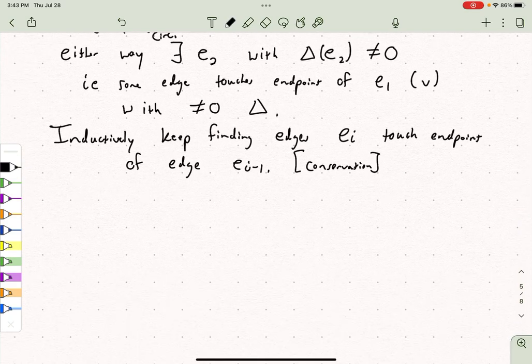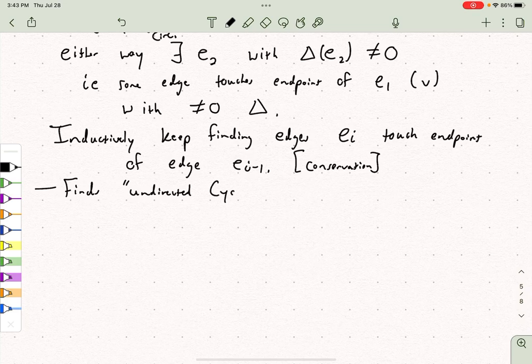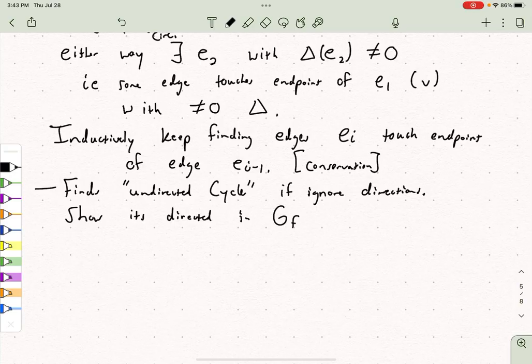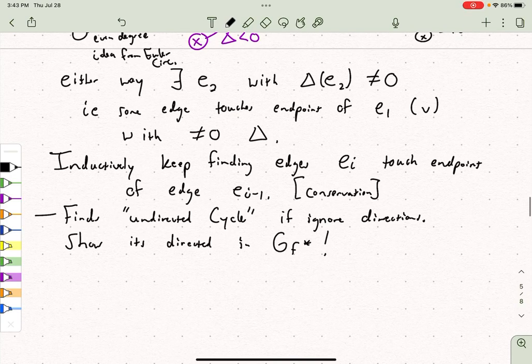So what this does is it finds an undirected cycle, i.e. it's a cycle if we ignore the directions, and we'll show it's directed in the residual graph. So that's the next step.